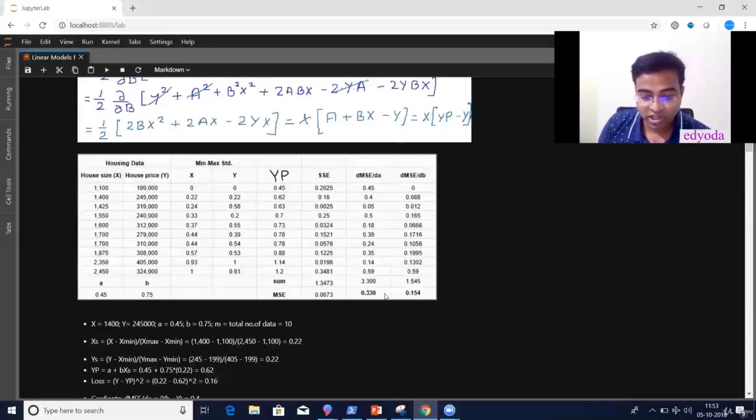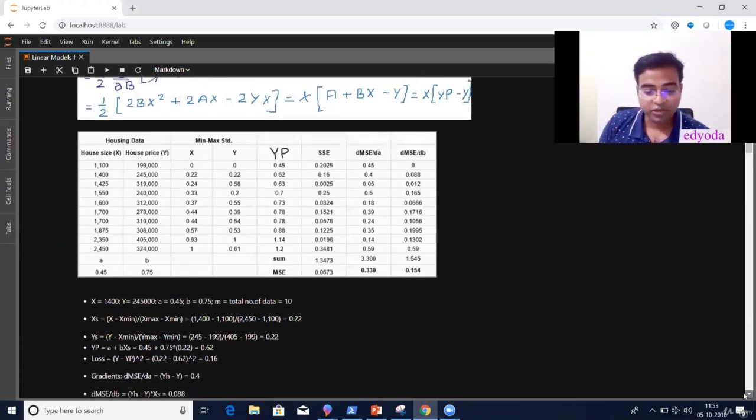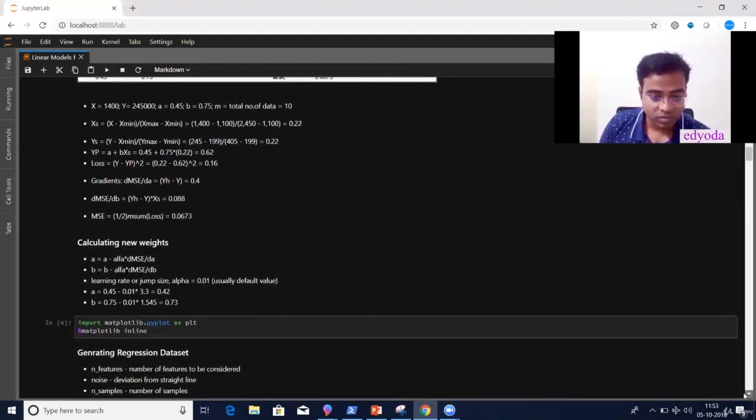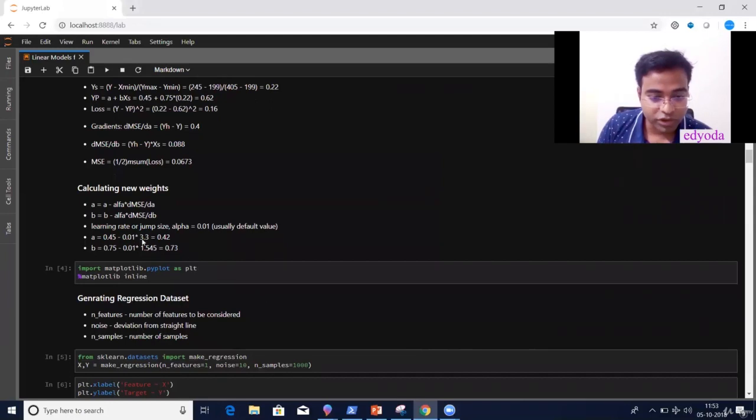It is the sum over the entire drill for all the data, and the sum that comes out is 3.3. That is what we are using here, and the new value of A is 0.42. So you repeat the entire above process with 0.42 of A and 0.73 of B. That's how the new values of A and B are calculated.